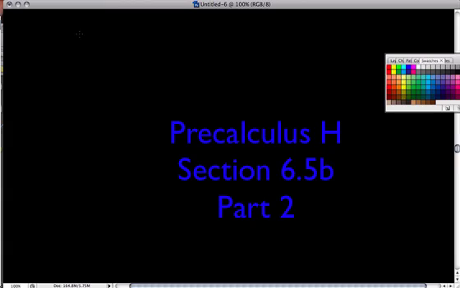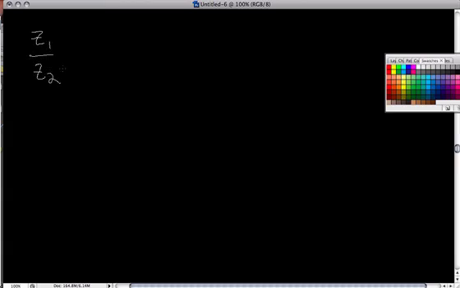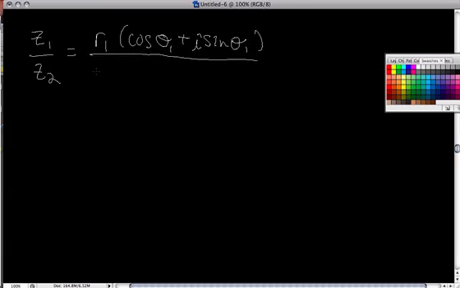What happens when I take my two complex numbers and I divide them? R1 cosine theta sub 1 plus I sine theta sub 1 divided by R2 cosine theta sub 2 plus I sine theta sub 2.